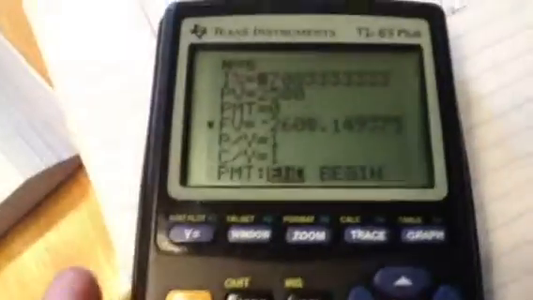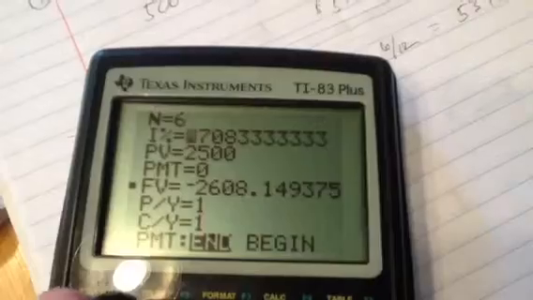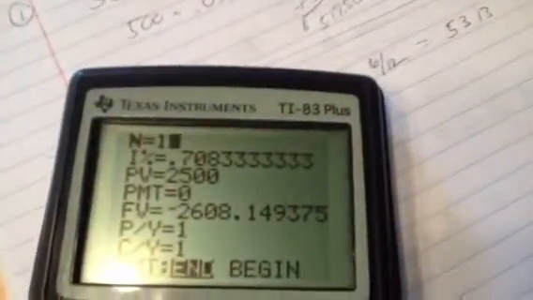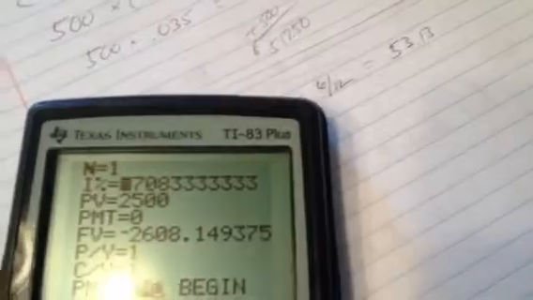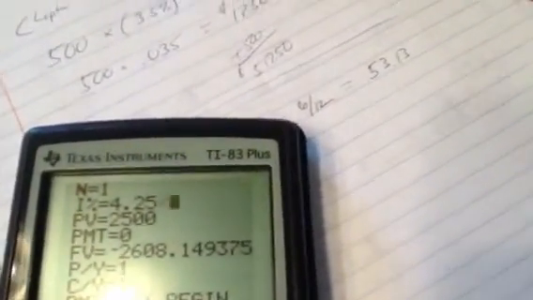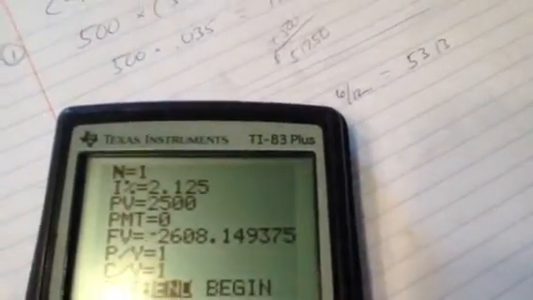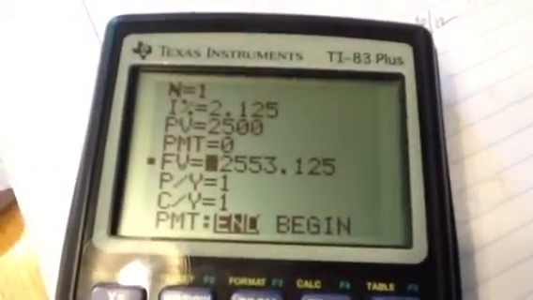What you have to do is start with that $2,500 amount right there, and then you would have to say, oh, that $2,500 amount is going to grow for 1 6-month period, okay, and the rate would be 4.25 cut in half. Now, alpha, enter. That's where the $53.13 came from.